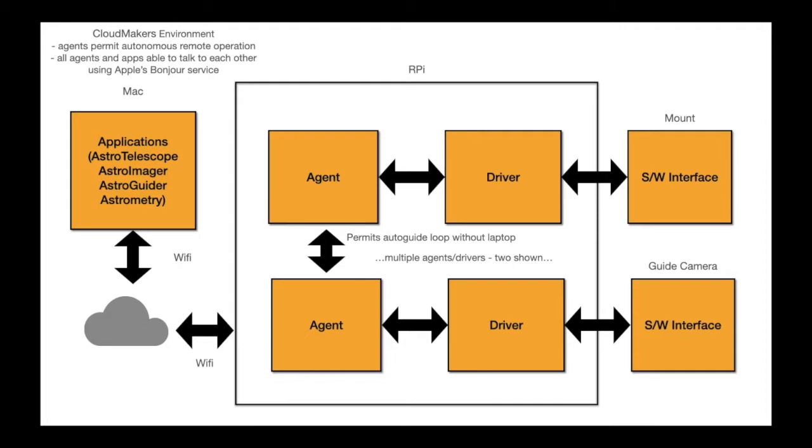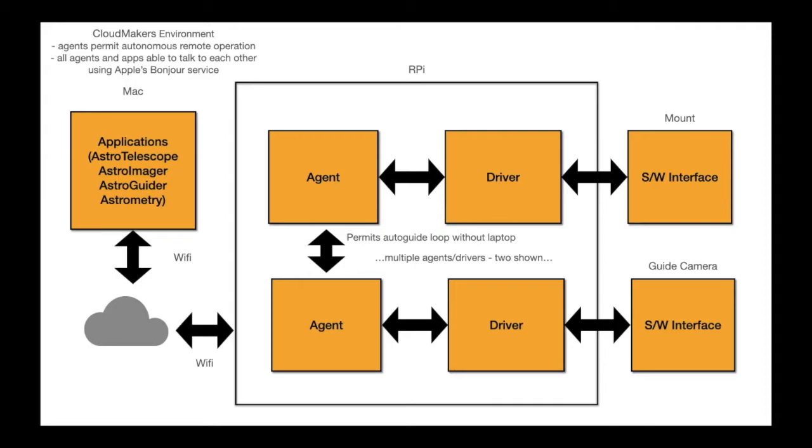So on the left hand side you can see the applications running on your laptop, and then it's communicating via the cloud, via Wi-Fi to your Raspberry Pi, which is in the center of this figure.